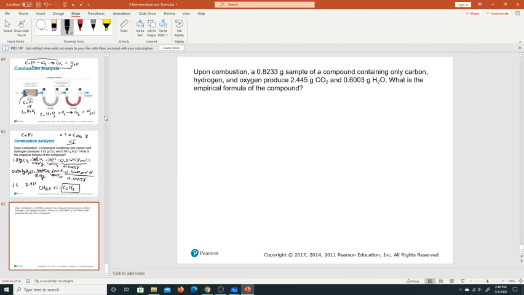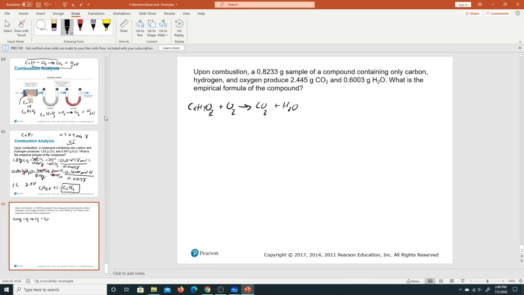So we have CxHyOz plus O2 arrow CO2 plus H2O.